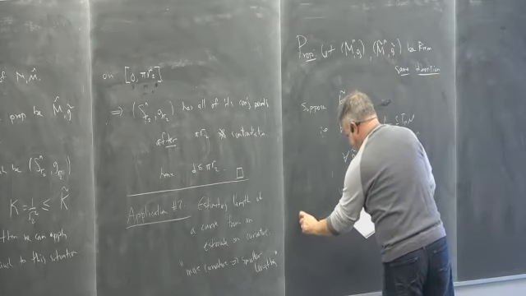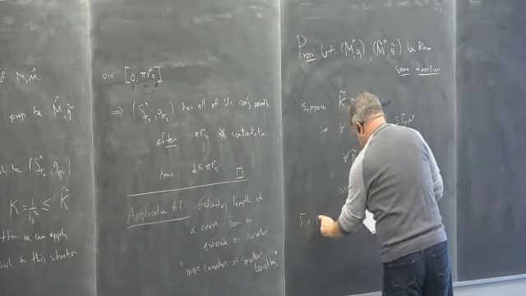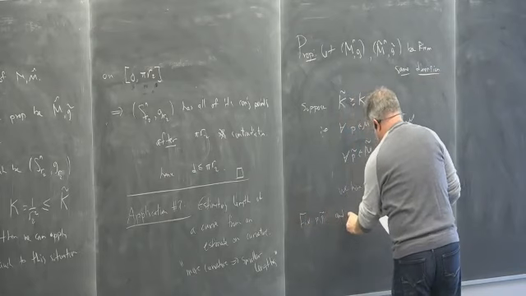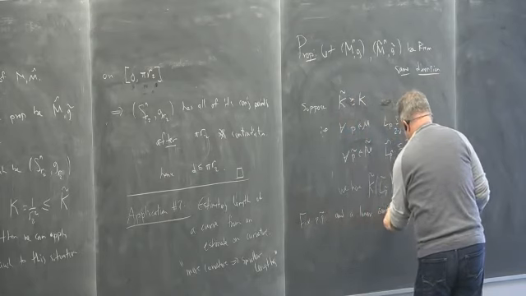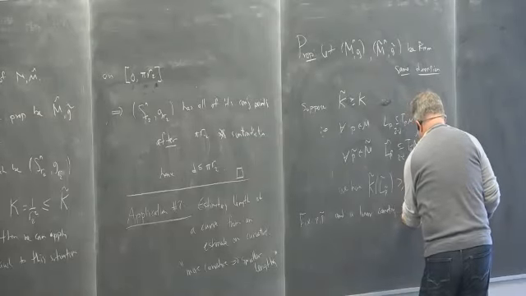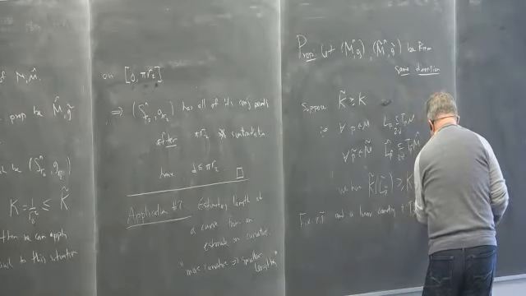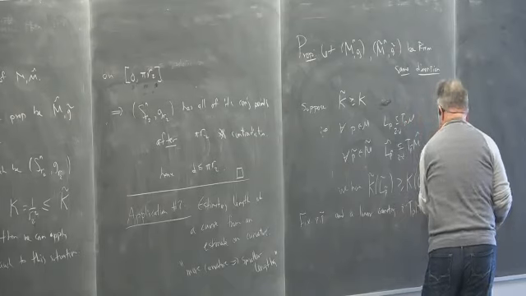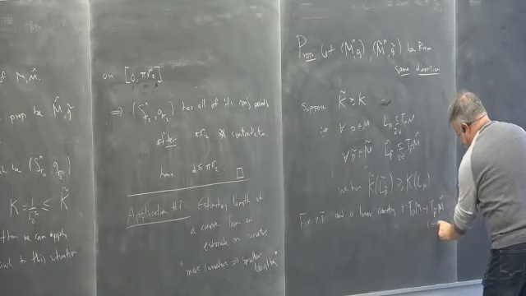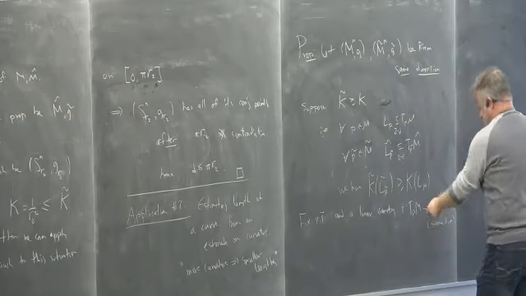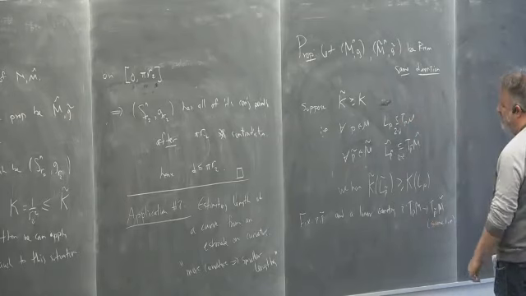Now fix P and P tilde and a linear isometry iota from T_P M to T_P tilde of M tilde, which we can do because it's the same dimension, right? We have two inner product spaces of the same dimension, so they're isometric.